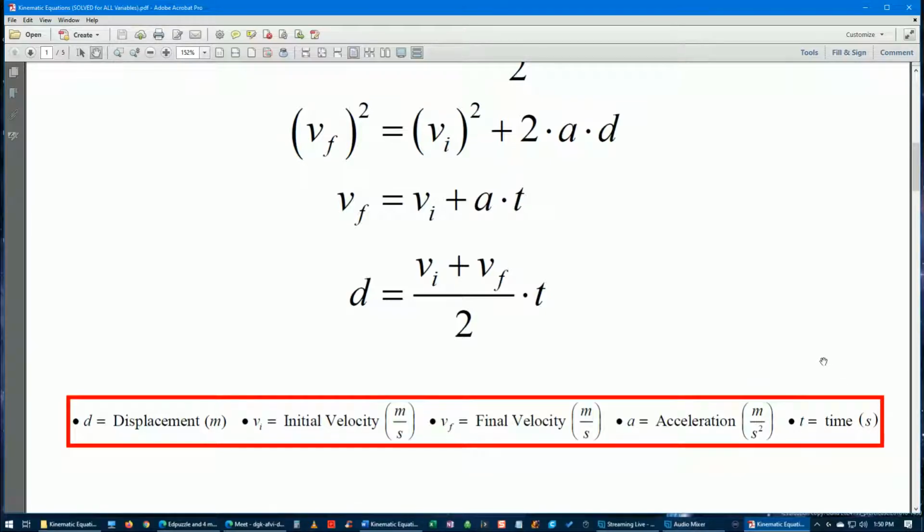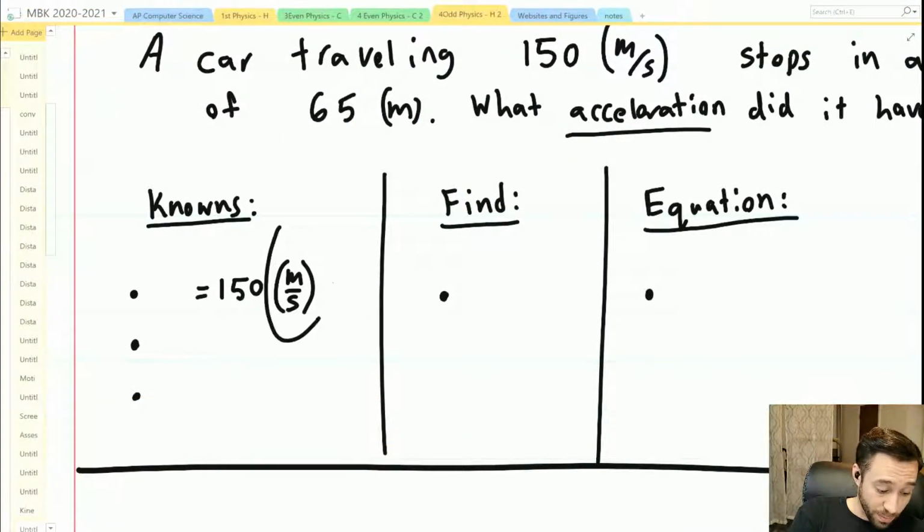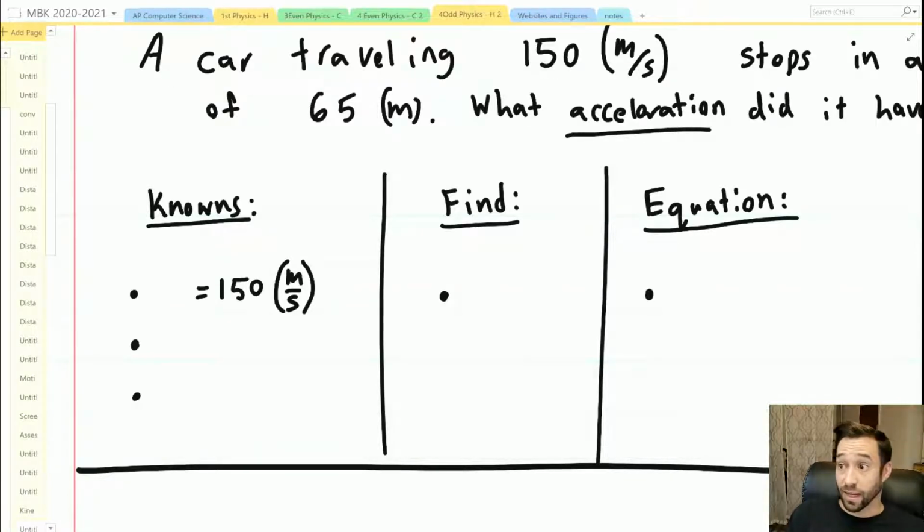So if I look back over here, I have units of meters per second, so it's going to be either my initial or my final velocity. And if the car is traveling 150 meters per second, that's saying that I'm starting off traveling 150 meters per second. So this is going to be the value for my initial velocity.